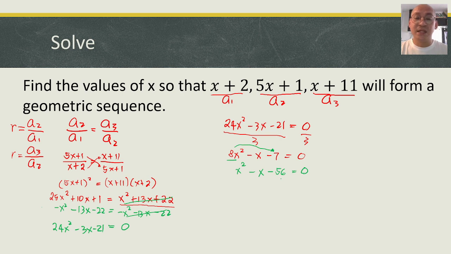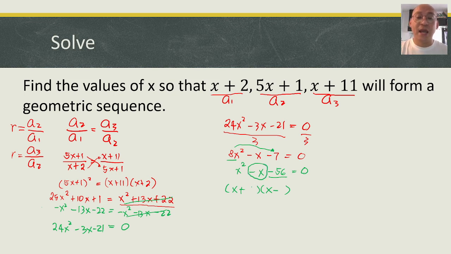In that case, it is easier for us to factor this new equation. So what are the factors of x squared minus x minus 56? Since we have a negative value of c, take note that one of the factors is positive and the other one is negative. What are the two factors of 56 that, once we use them, we will obtain the second term of negative 1?